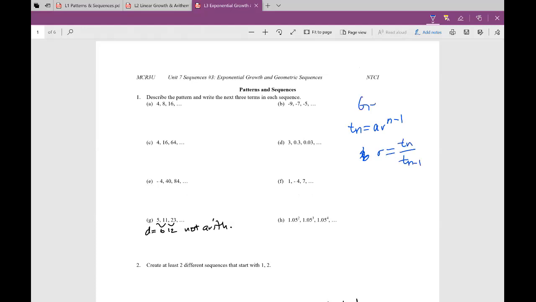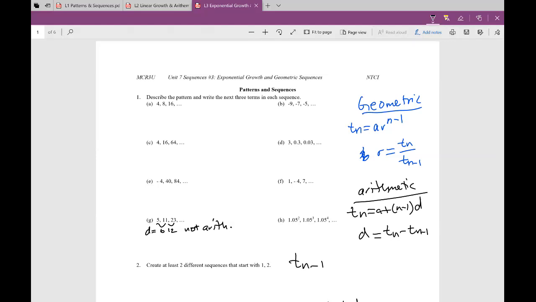So this is for geometric or exponential pattern. And as in the previous lesson, lesson 2, for arithmetic, the equation is Tn is equal to a plus n minus 1 times d, where d is Tn minus Tn minus 1. And again, this Tn minus 1, just to help everyone out, really means the previous term.